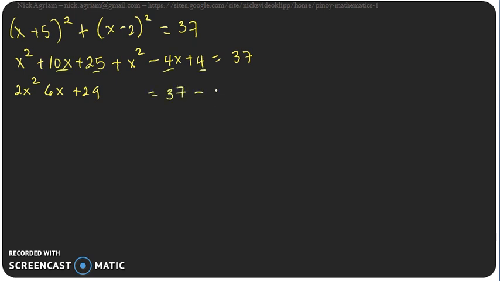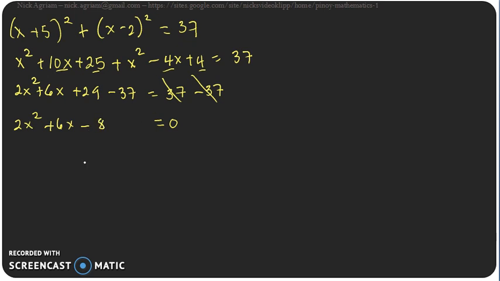If we subtract both sides of the equation by 37, then we have 0 now, we have 2x squared plus 6x, sorry, plus 6x, oh, minus, that's minus, not plus, minus 29. 29 minus 37, that is minus 8.